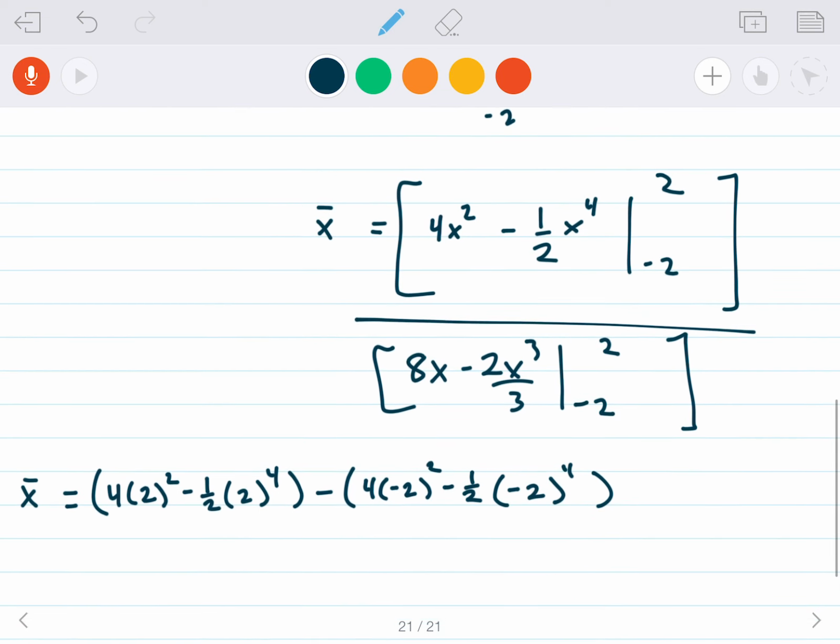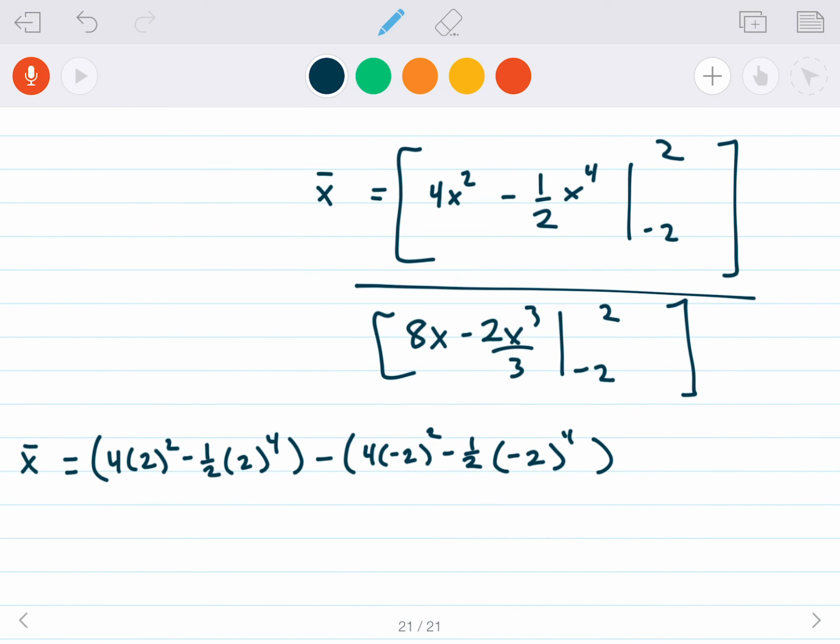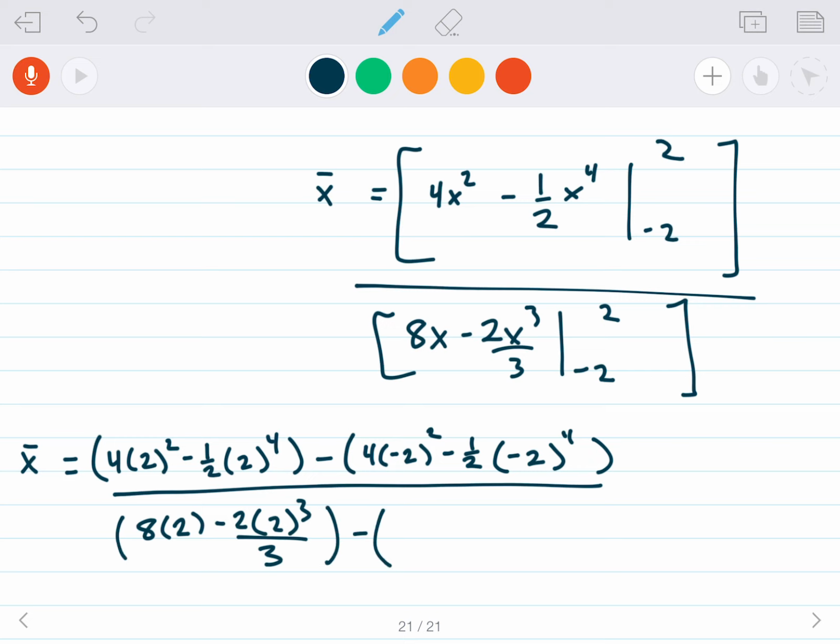And on the bottom, plugging in 2 first, I get 8 times 2 minus 2 to the 2 over 3, minus, now we need to plug in negative 2 by the fundamental theorem of calculus, minus 2 times negative 2 to the 3rd over 3.